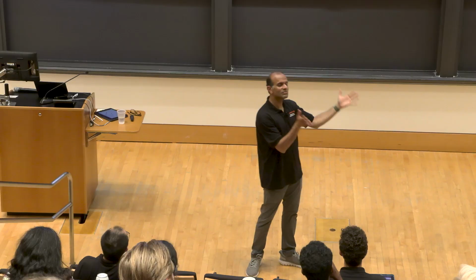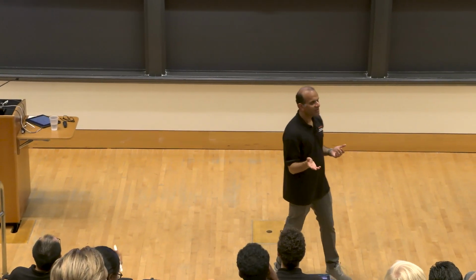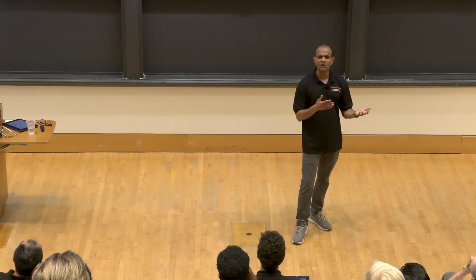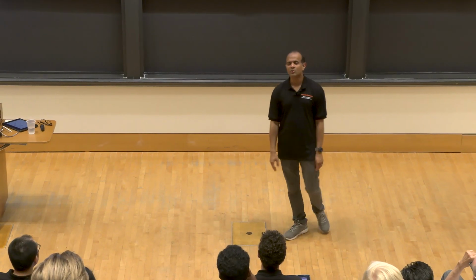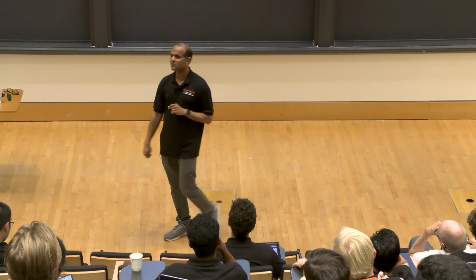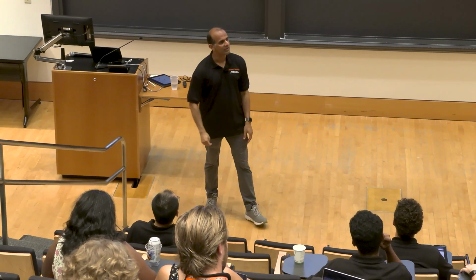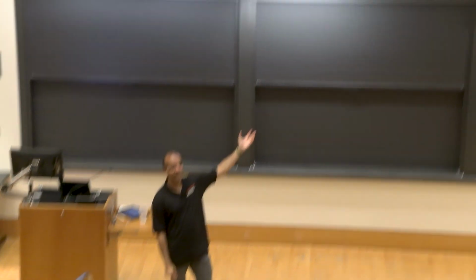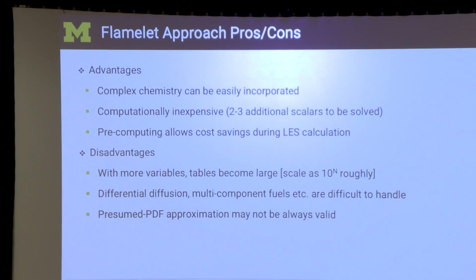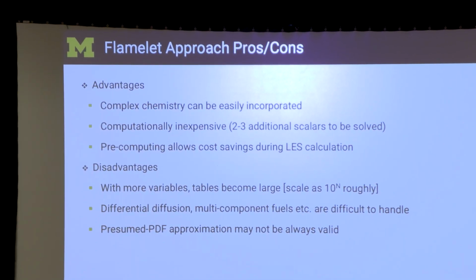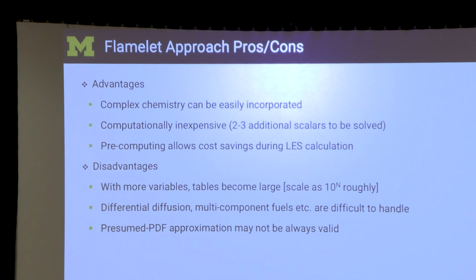So now that simulation to generate the table might be more expensive than the actual simulation itself, right? So now it becomes pointless to do things like that. So all of this, you cannot take it to the full absurd extreme of adding more and more variables. You have to be careful about what needs to be added. But if you do that, then this method becomes a very reliable technique for simulating complex reacting flows.